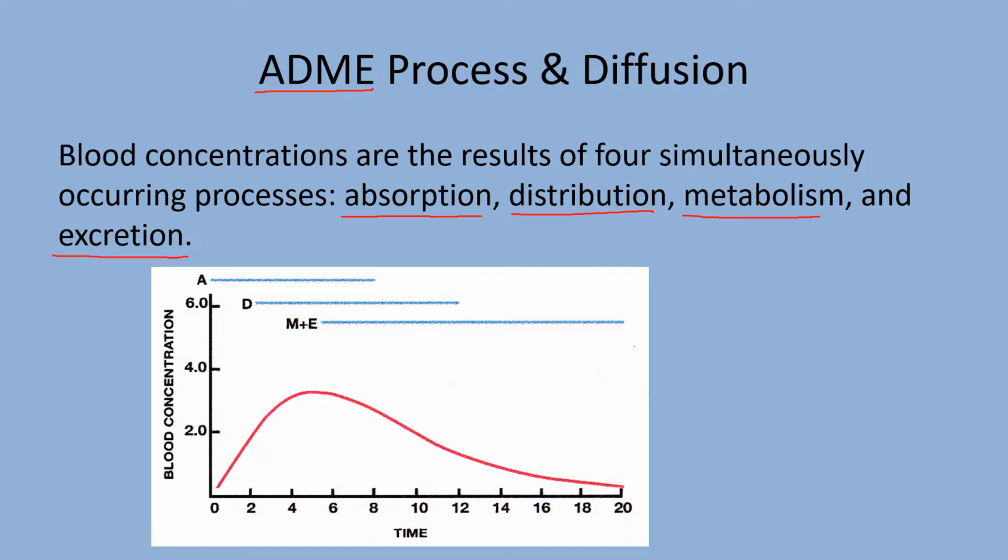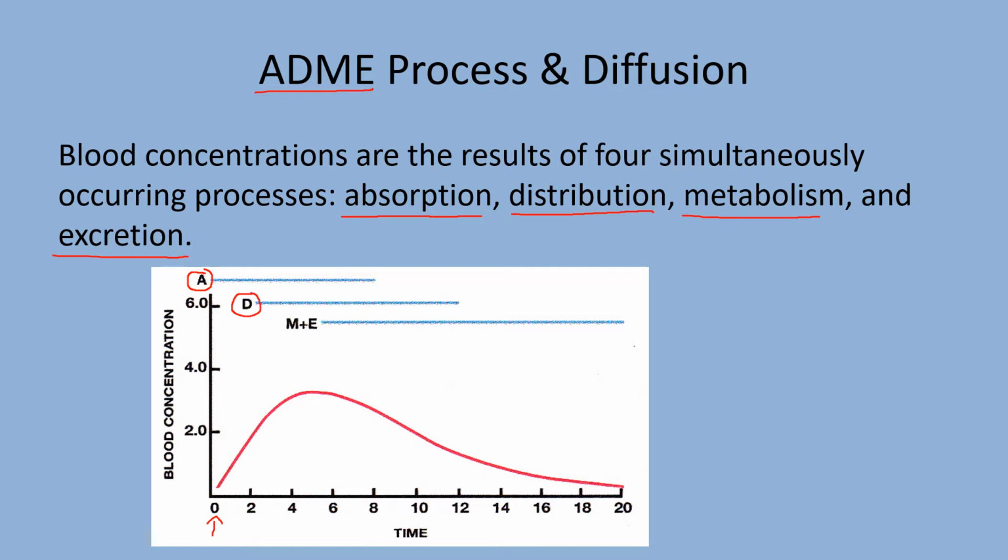Pharmacokinetics. On the blood concentration time profile, they outlined where ADME occurs. As soon as you take the drug, you'll start to absorb it. Absorption means getting it into the blood. Once it gets to the blood, we will then start to distribute it, take it throughout the body, and then we will metabolize it.